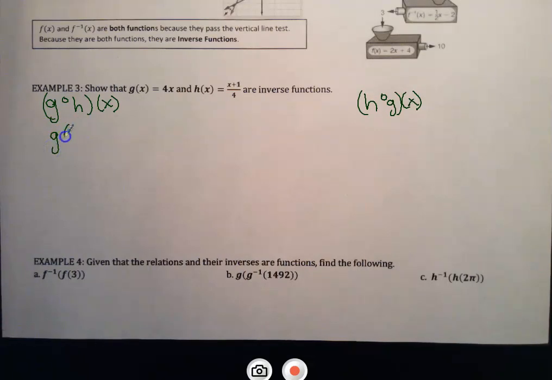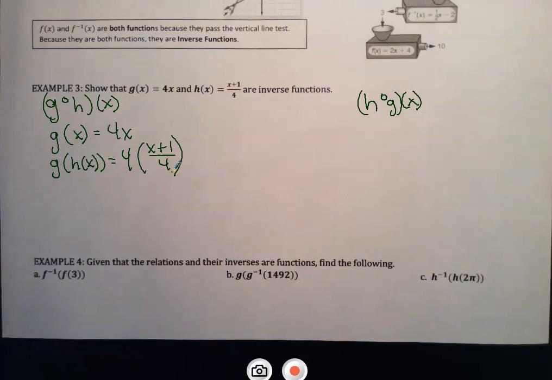So we got g of x equals 4x, g of h of x equals 4 times x plus 1 divided by 4. So then just distribute every part of it?